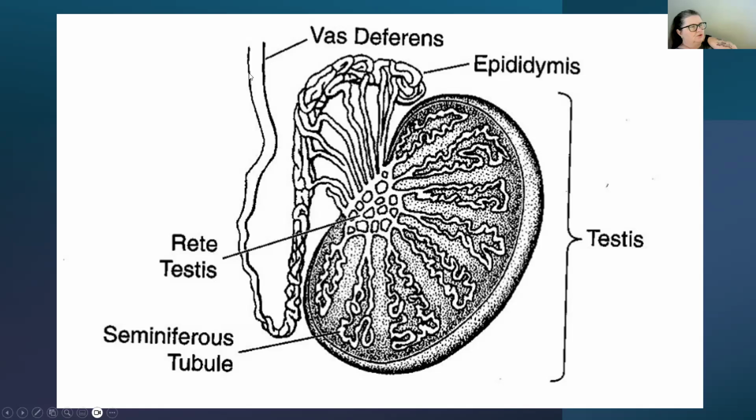And then this tube that is continuous with the epididymis is called the vas deferens, or sometimes called the ductus deferens.